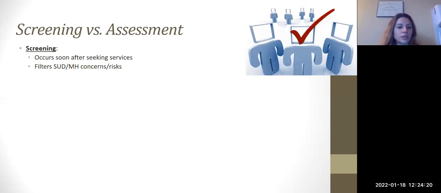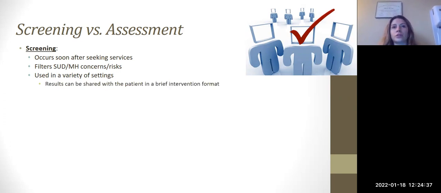There is a difference between screening and assessment. Screening should occur, ideally, at intake, before you even get them in the room. We give them some screeners to do so you have an idea of what you need to talk about and what guides that. It's really meant to be a filter for substance use disorder, mental health concerns, and risk, like I said, even suicide risk.